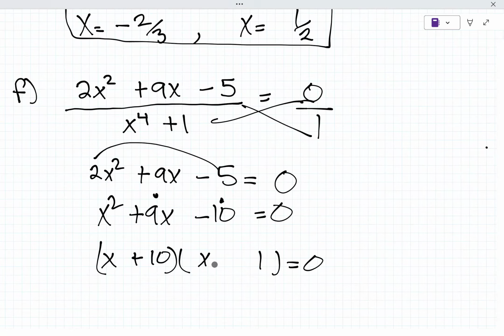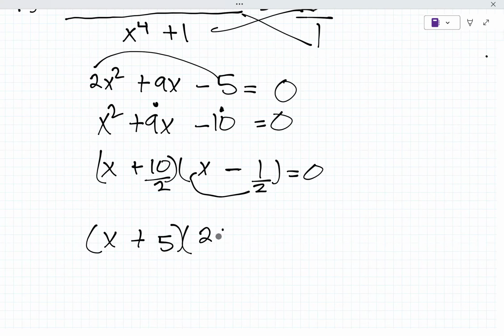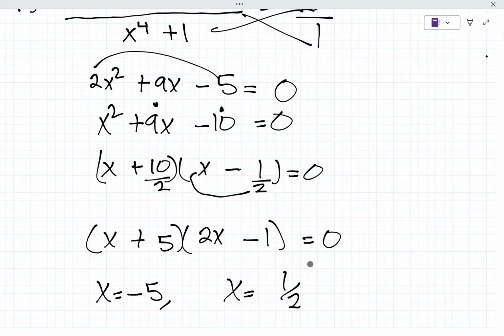I'll use positive 10 and -1, and then divide the 10 by 2, divide this -1 by 2. 10 divided by 2 is 5. This -1/2 is a fraction that cannot be reduced, so that's going to be 2x minus 1 equals 0. When you solve for it, you get -5 and positive 1/2.